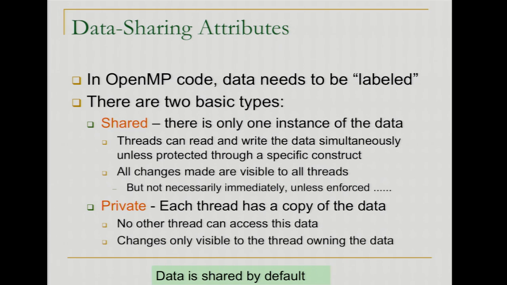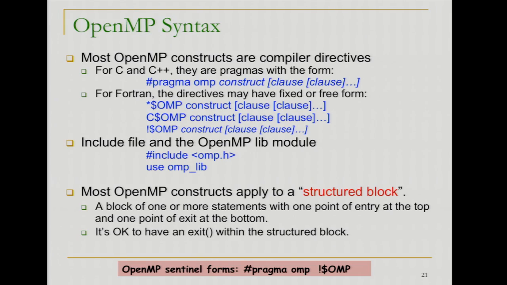The only thing I didn't say before is that the default is shared. With just one or two exceptions, where a few specific kinds of variables have to be private, data is shared unless you say otherwise.